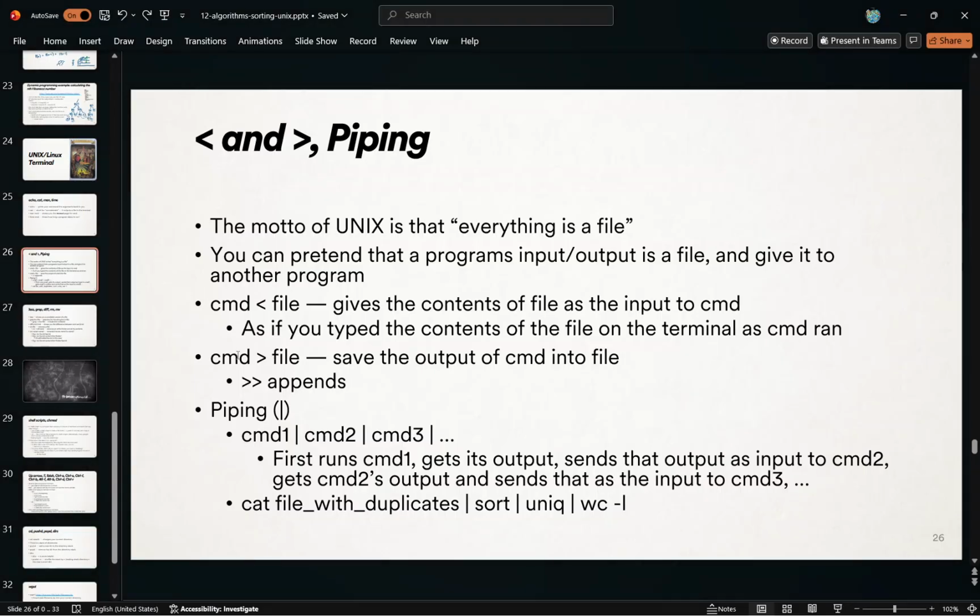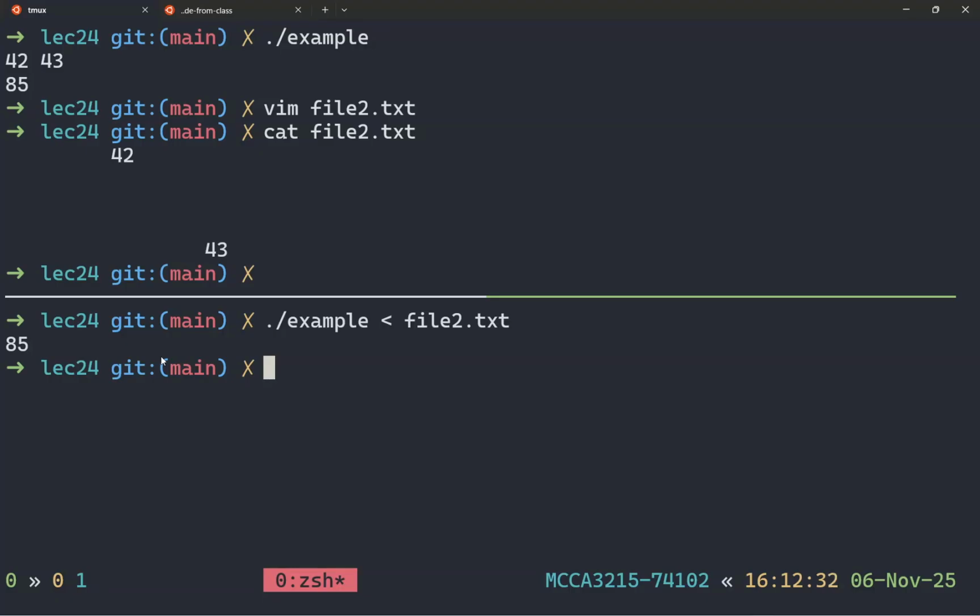You can also do the opposite. You can take a program, run it, and have the right arrow, right? That is going to output to a file. I'll run it, it will output to a file, okay? So like ./example and outputs to, I don't know, something. example_output.txt, something like that, 42, 43.